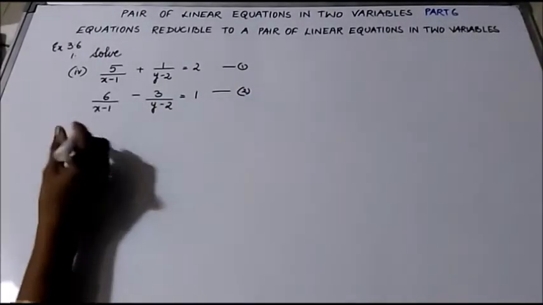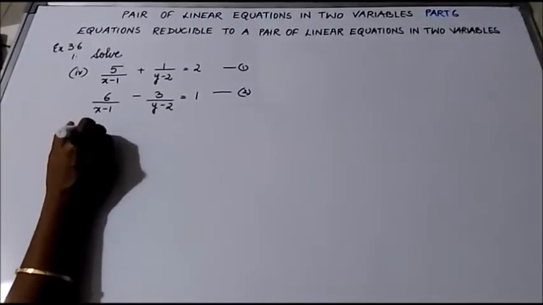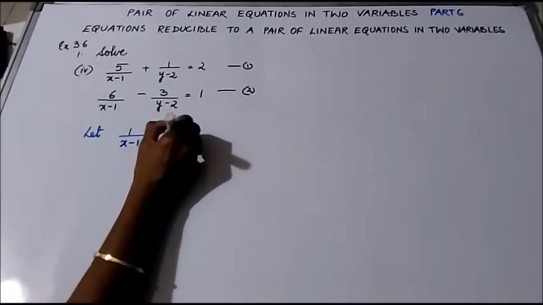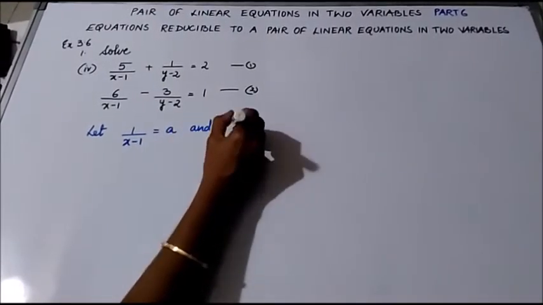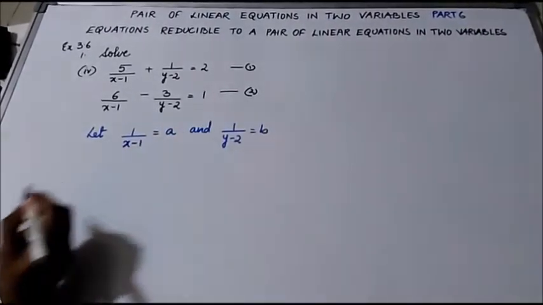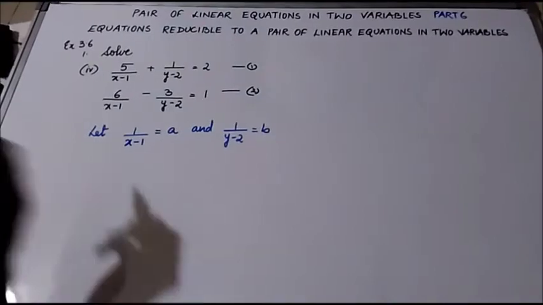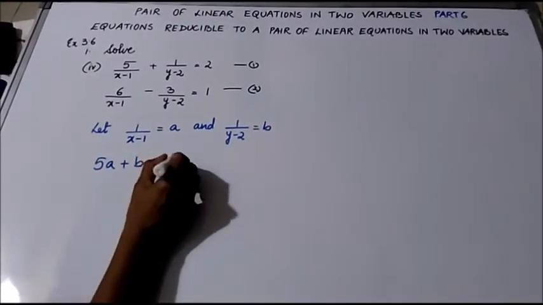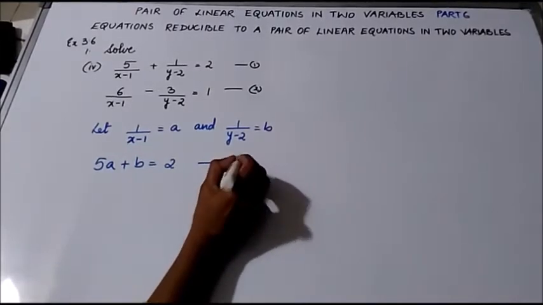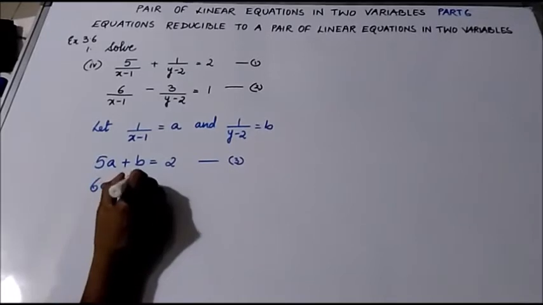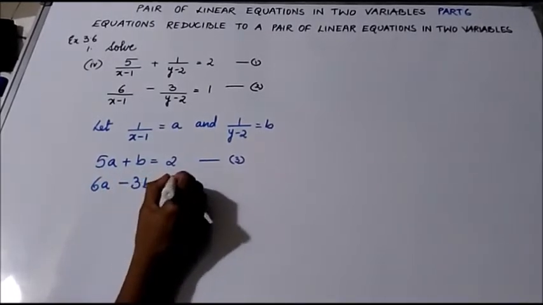Now here we will let 1 by x minus 1 equal to a and 1 by y minus 2 is equal to b. So the first equation gets reduced to 5a plus b is equal to 2. Second equation gets reduced to 6a minus 3b is equal to 1.